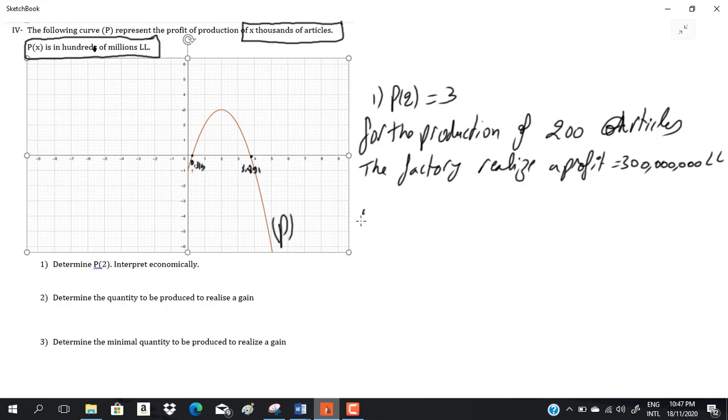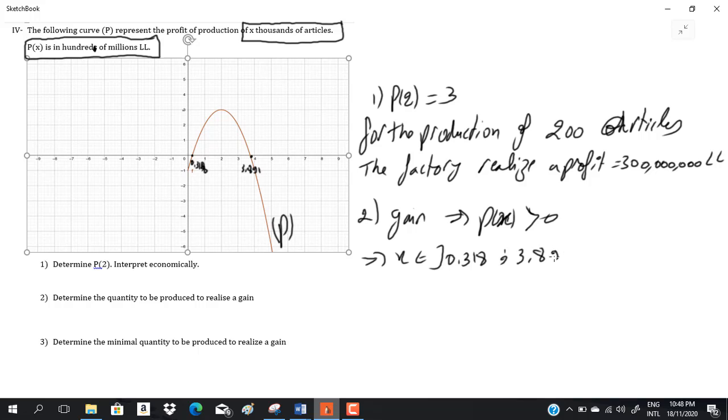Second part, determine the quantity that should be produced to realize a gain. Realize a gain means that the profit should be greater than 0. Profit is greater than 0 when the curve of P is above the x-axis. Above the x-axis from this point 0.318 till this point 3.891.